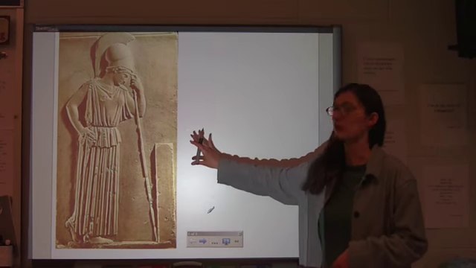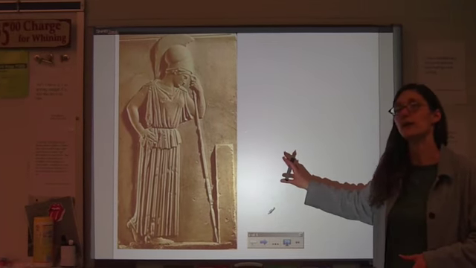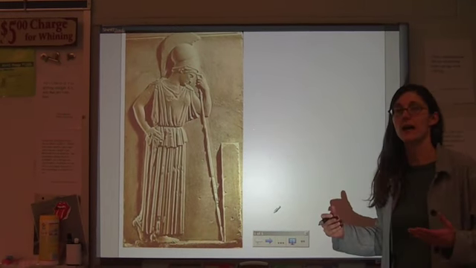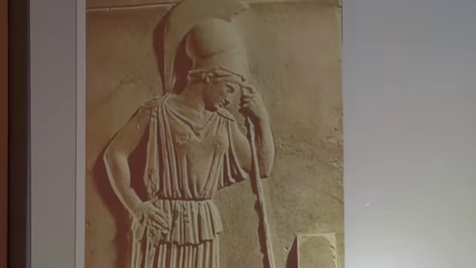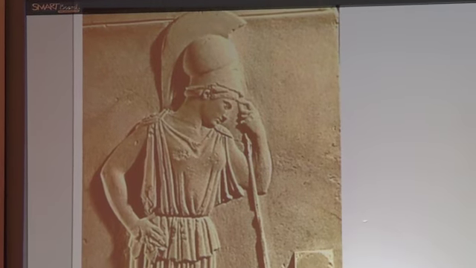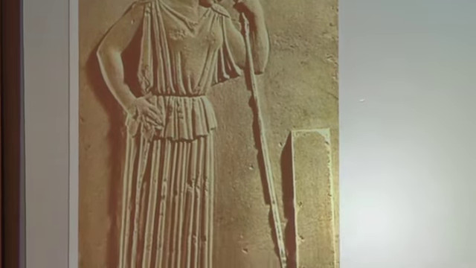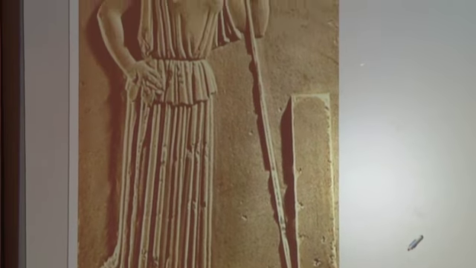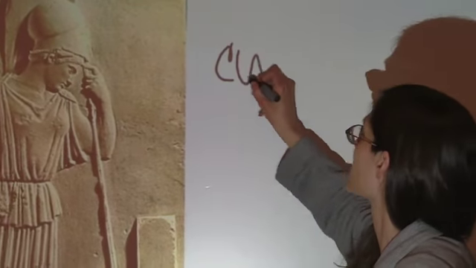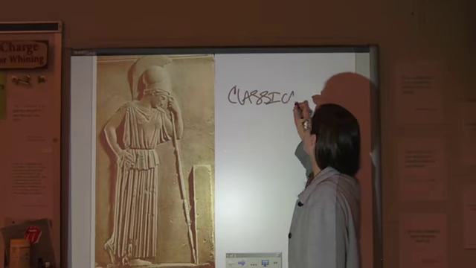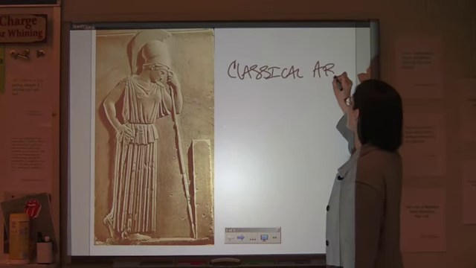This sculptural frieze is called Mourning Athena. She's sad. They've suffered defeat. Okay, it's a beautiful sculpture. Now, some typical classical elements that you see in this, if we're talking about characteristics of classical art.